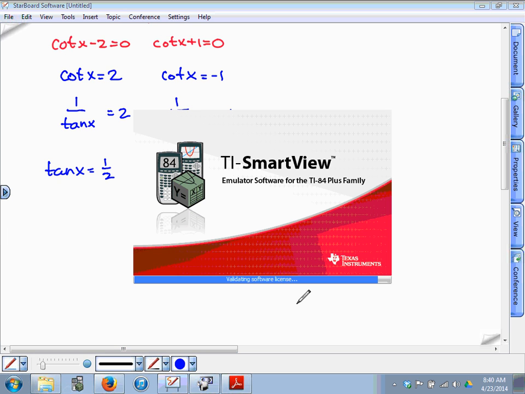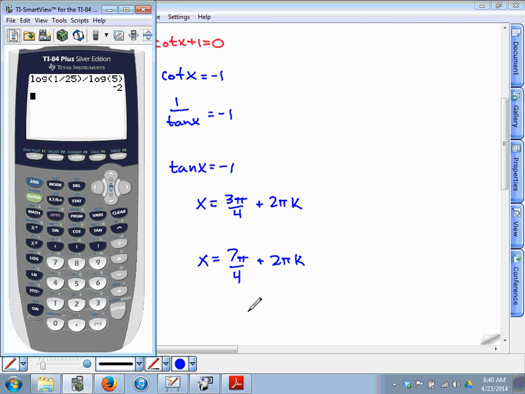Hold on a second. It isn't going to be a nice angle, I don't believe. Inverse tangent of 1/2. That's in degrees. Let me put mine in radian mode.